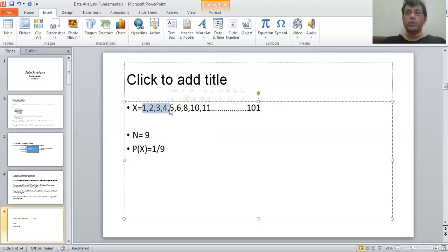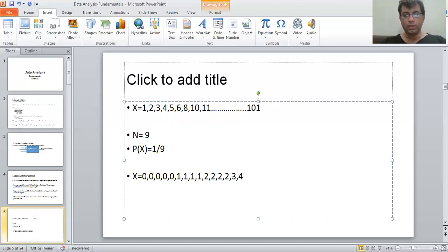Or it may also happen that the data appears in such a way that the frequencies are naturally greater than 1. For example, let's say my data set is x: 0, 0, 0, 0, 0, 1, 1, 1, then there are 2's, then there are 3's.